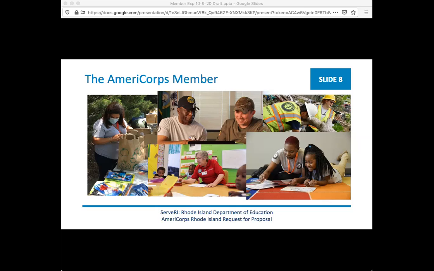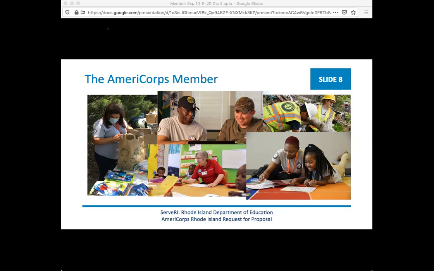So really the successful program, a successful member experience, is matching up those individuals with the characteristics of your program. Obviously, just looking at this picture, you're going to need different sets of skills to be tutoring than you are to be doing disaster cleanup. And so how do you find that match so that there's that synergy?